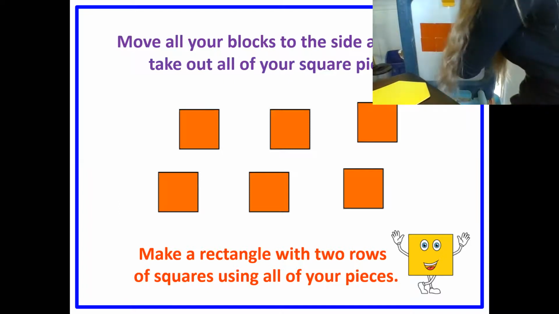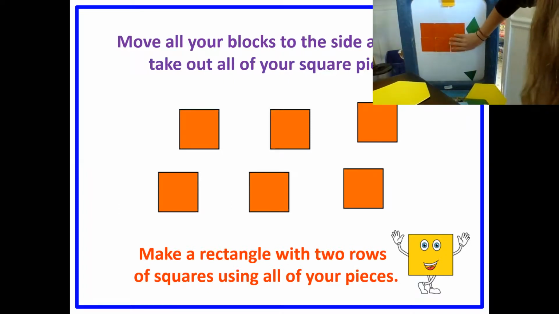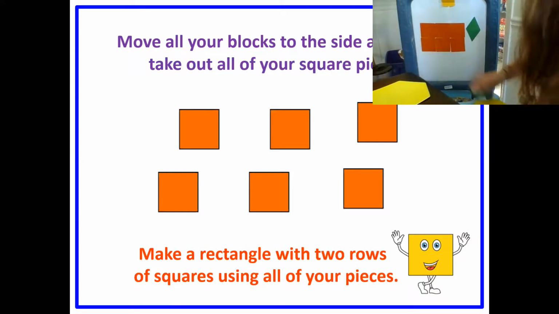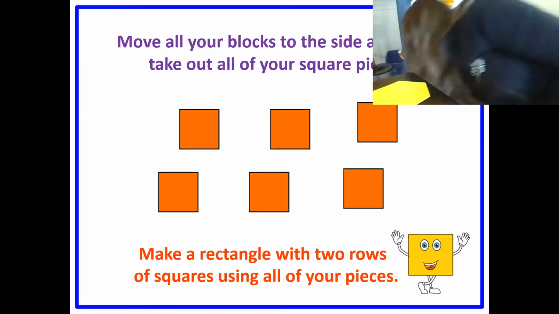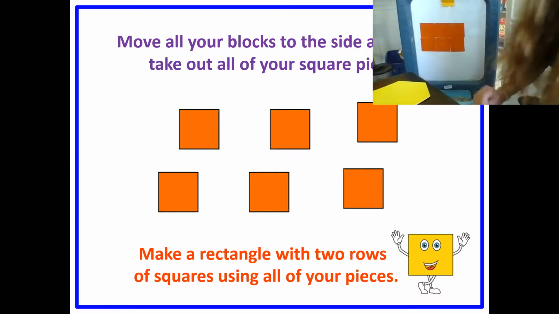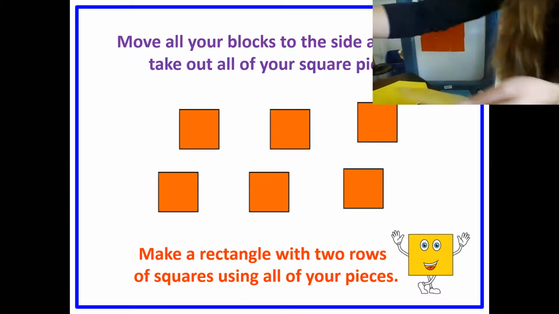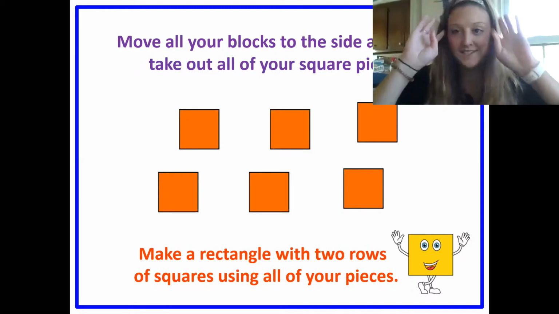All 6 of them together make a, oops, make sure they're pushed all together, a rectangle. So I can use squares to make one giant rectangle. That's what kind of shape? When we put the shapes together, it's called a composite shape. Awesome. So we did that one together.